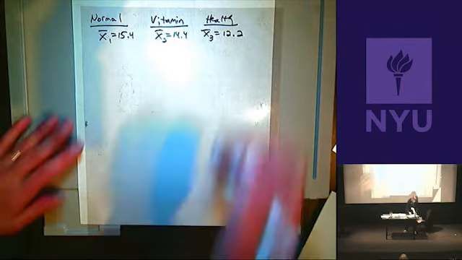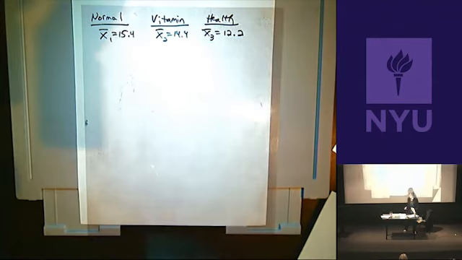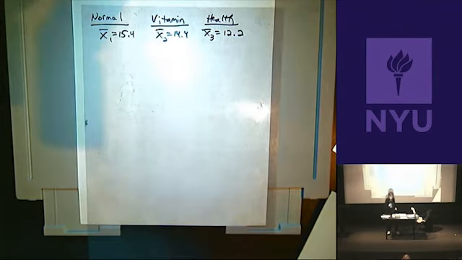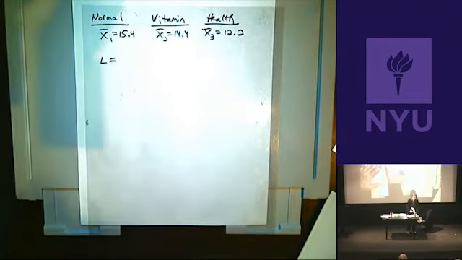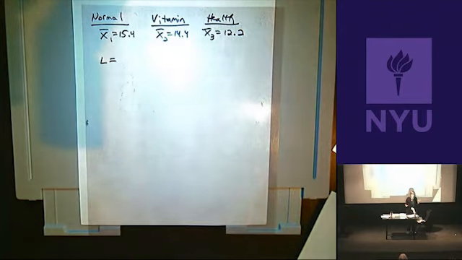But now I would like to test a particular linear contrast. The linear contrast I would like to test is whether there's a difference between the quote-unquote normal diet and the average of the vitamin and the health food diets. Now, if I write this out, I'm going to write it out every single step, just so you get used to the idea.